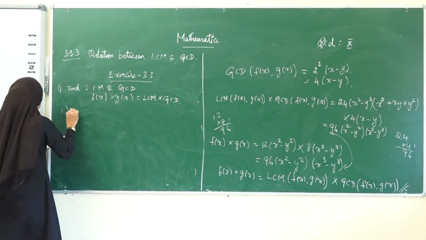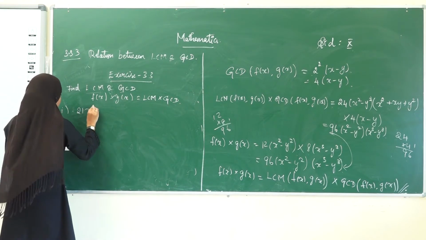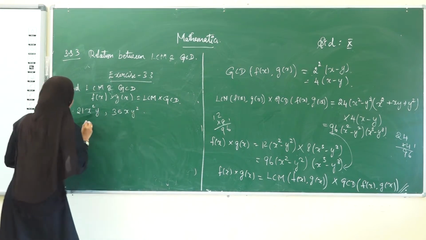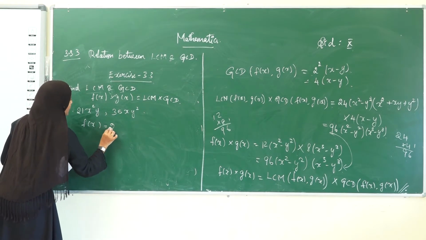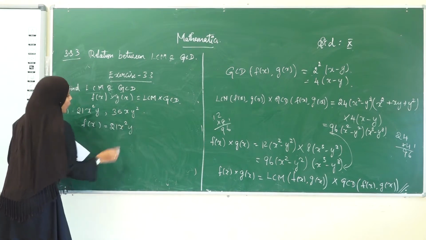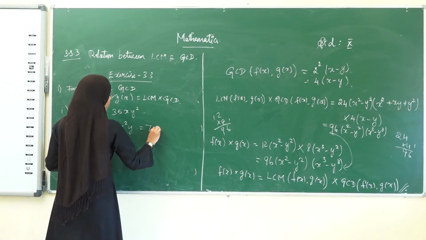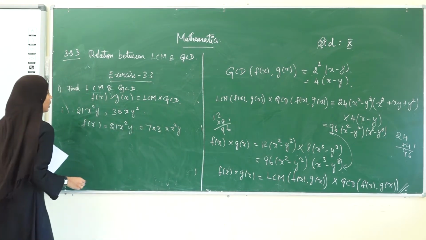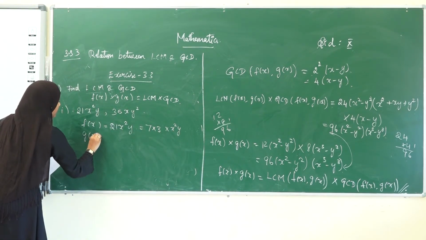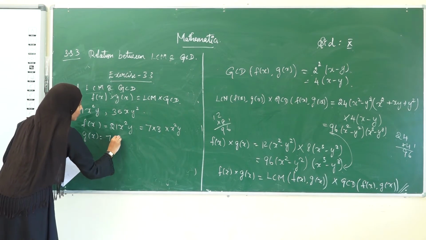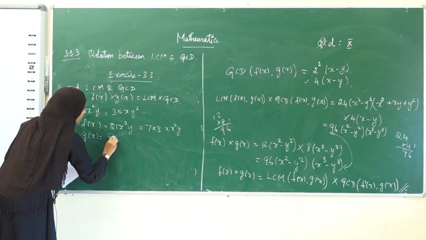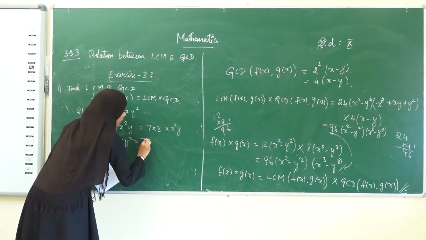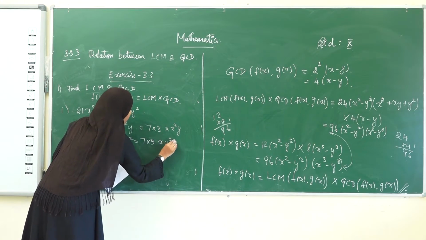In the first subdivision, what they have given is 21 x square y and 35 xy square. Let us take f of x as 21 x square y, which we can write as 7 into 3 into x square y, and g of x as 35 xy square, which is equal to 7 into 5 xy square.